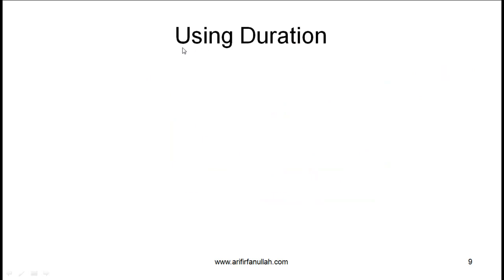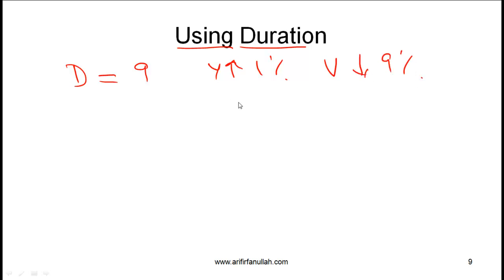Okay, let's come back to duration now, because it's an important concept, and let's look at a very simple example that you might get on your exam. So let's say that for a given bond, the duration is 9, and to hammer in a fundamental point, duration of 9 for this bond means that if yield goes up by 1%, the value of the bond will come down by 9%.